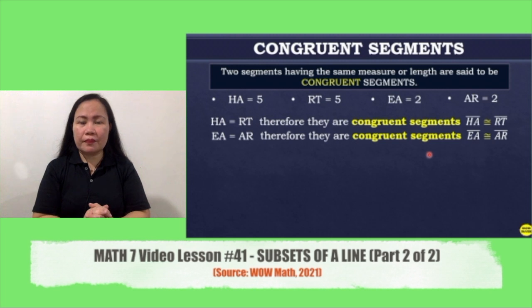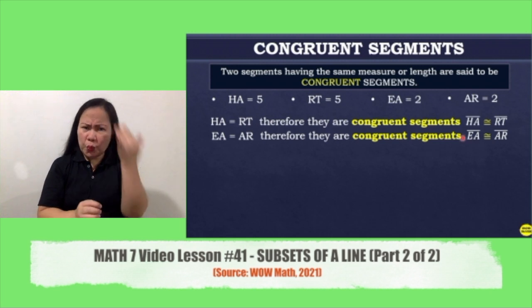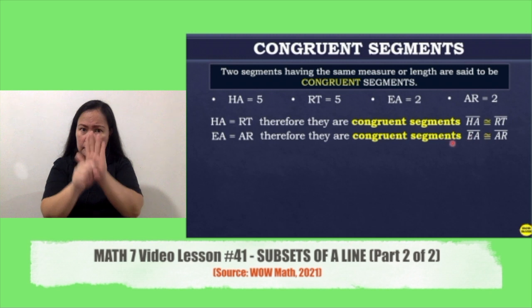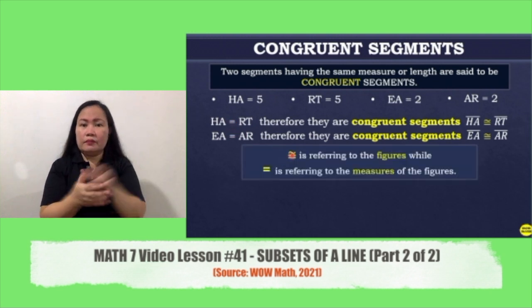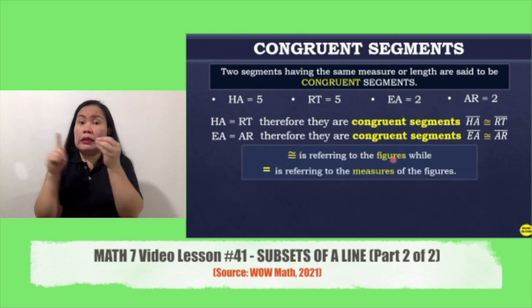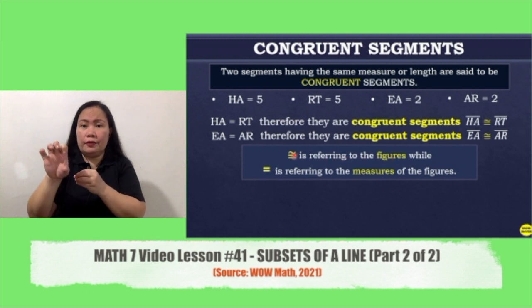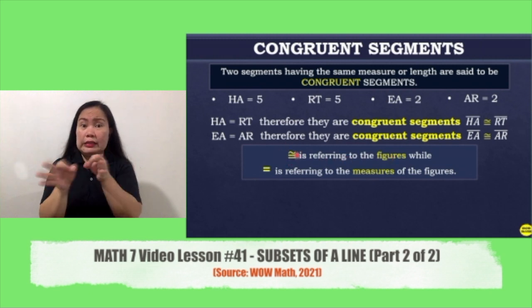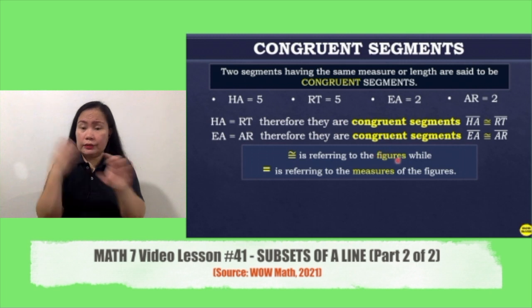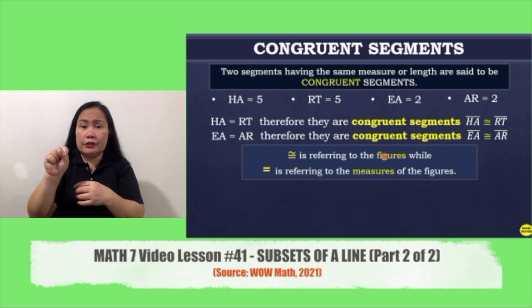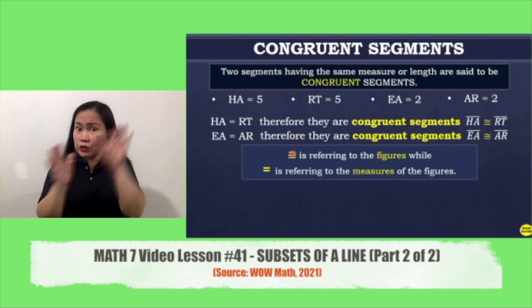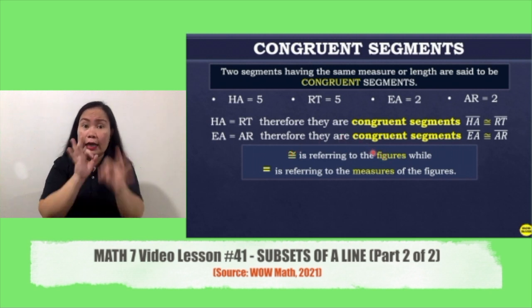Okay. So, sabi ko nga po, bakit naglalagay tayo ng symbol kapag congruent at kapag wala naman kapag equals? So, this symbol is referring to the figures. So, ito po, ginagamit natin ito kapag dinedescribe natin yung figures when we are comparing figures. Okay. So, sasabihin lang natin na they are congruent if they are equal.